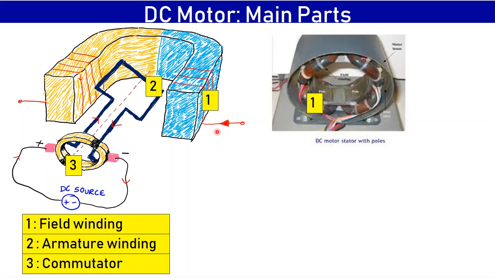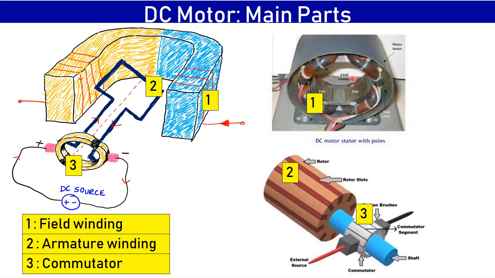Of course, in an actual machine, the construction is a bit different, although the main parts are the same. So we will discuss construction in a detailed manner, but just to briefly show the constructional parts, I have shown these two figures. So the multiple poles are shown here, and this copper winding that you see is the field winding.